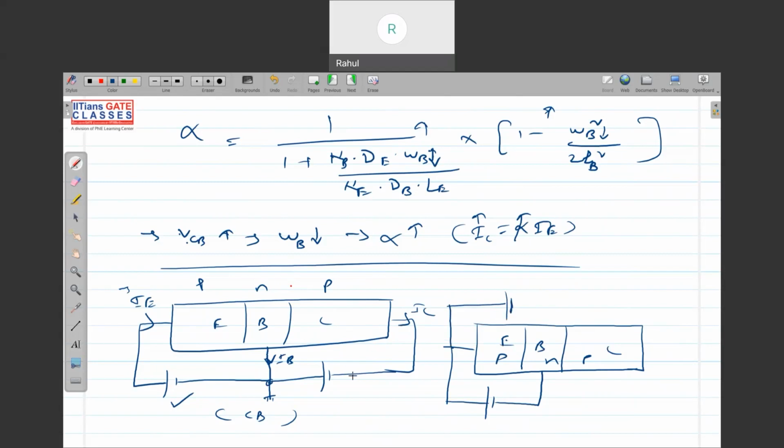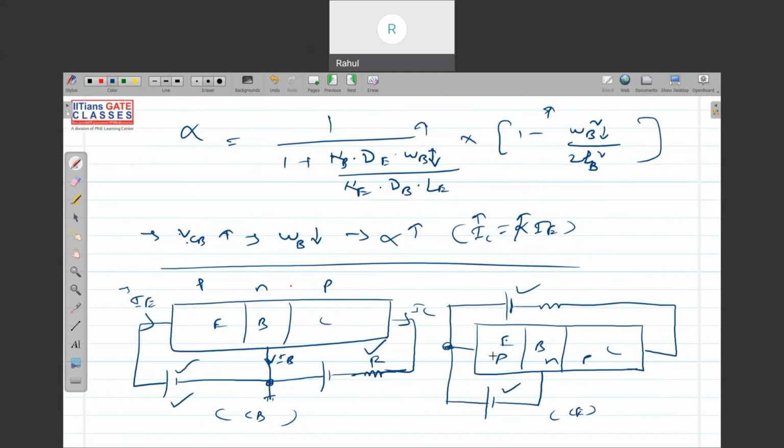For signal, we have to put a resistor here. Here the collector to base junction is biased with respect to emitter. So emitter is common to input and output. Here base is common to input and output in the earlier case. That's what is called common emitter configuration.